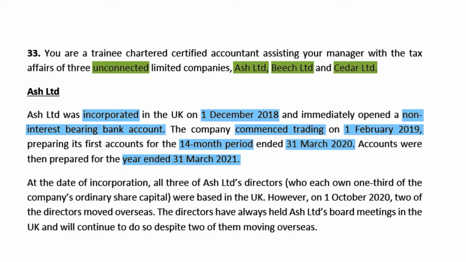At the date of incorporation, all 3 of ASH Limited's directors, who each own 1/3 of the company's ordinary share capital, were based in the UK. However, on 1st October 2020, partway through the 2021 tax year, 2 of the directors moved overseas. The directors have always held ASH Limited's board meetings in the UK, and will continue to do so despite 2 of them moving overseas.